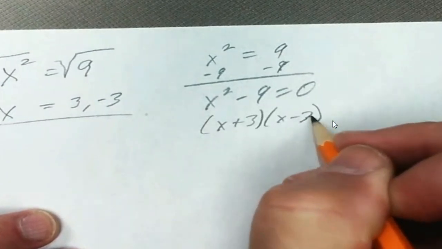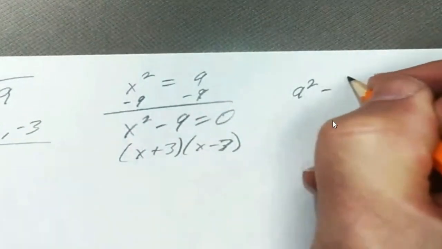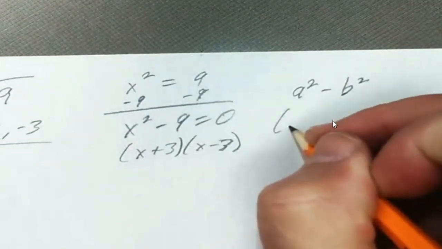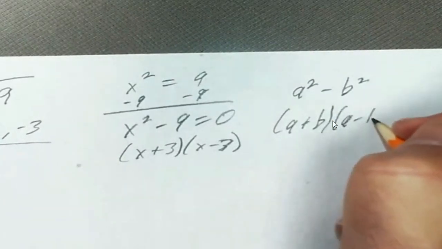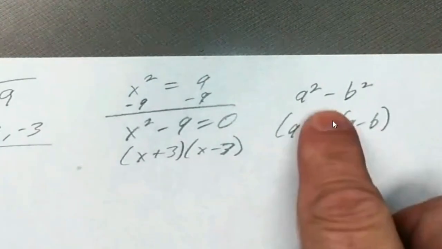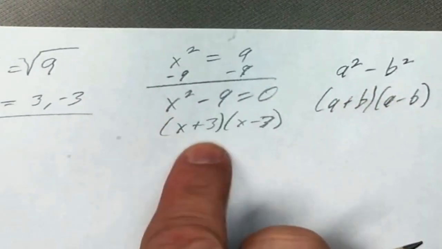If you need to go back to your notes on that, a squared minus b squared equals a plus b, a minus b. That's what it factors to. So this is a squared and that's b squared, so it's x plus 3, x minus 3.